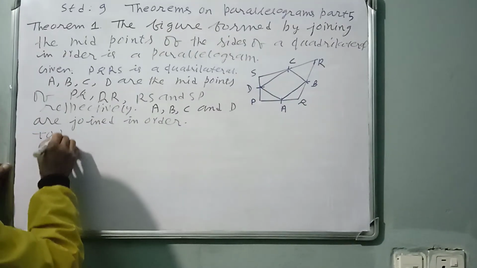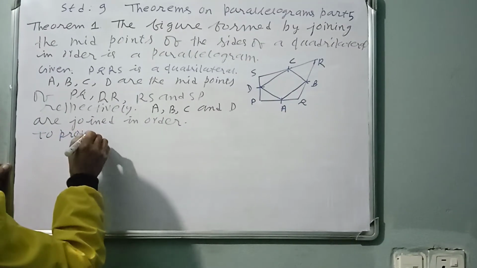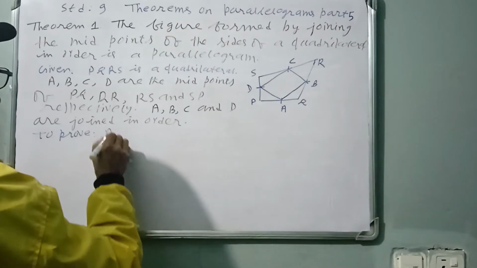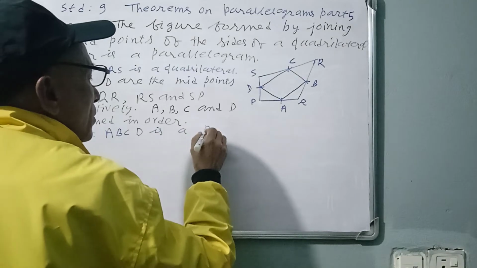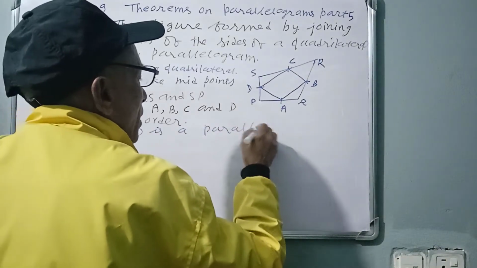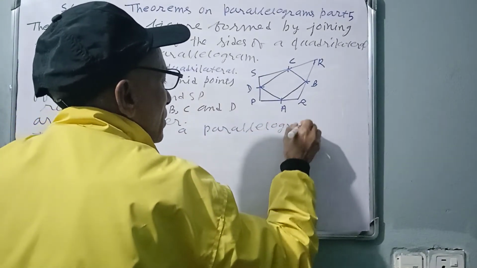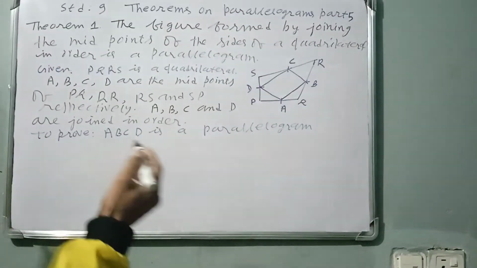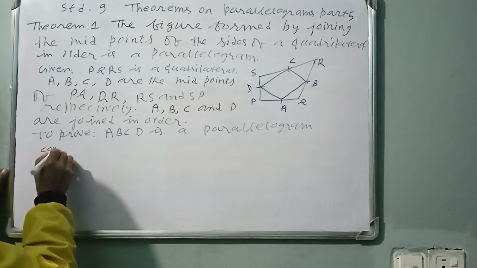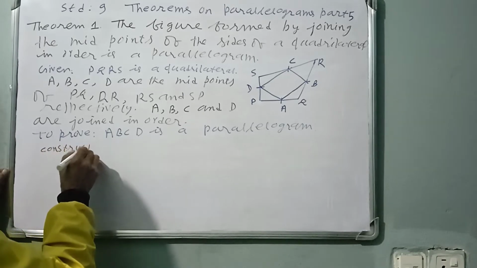To prove, what to prove? ABCD is a parallelogram. To prove the new figure ABCD is a parallelogram.